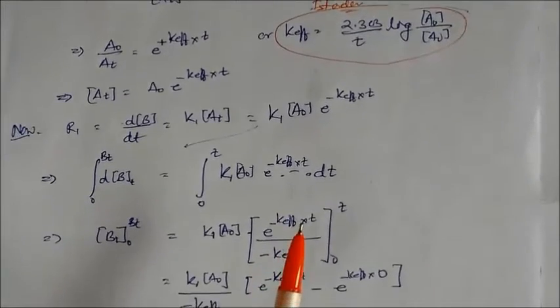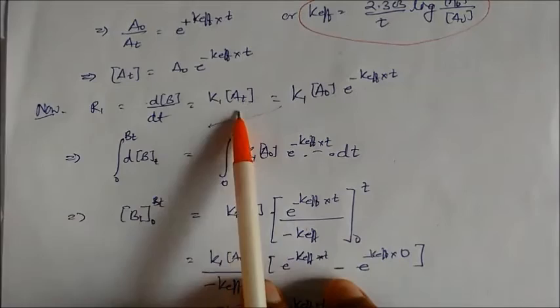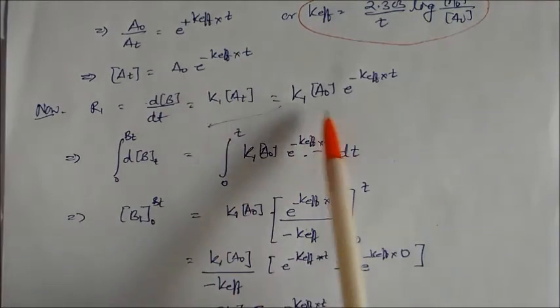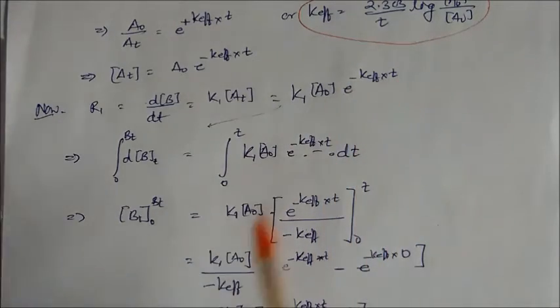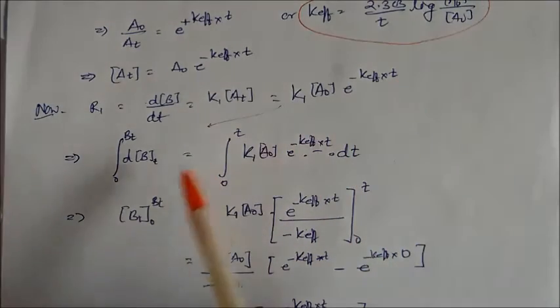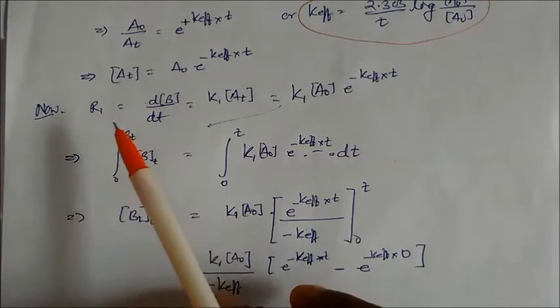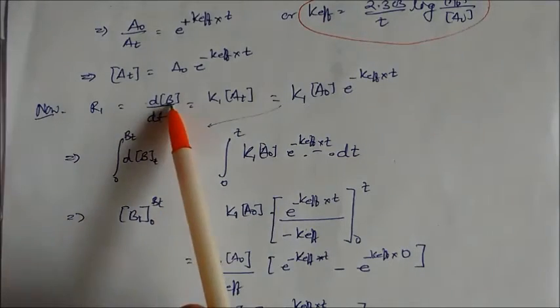Now already we have seen that R1 is equal to dB/dt equal to K1 At. So this At, we can substitute with this value, so we will get K1 into A0 into e to the power minus K effective t. Because we are going to find the concentration of B, and this is dependent on the initial concentration of A0. So now we integrate this.